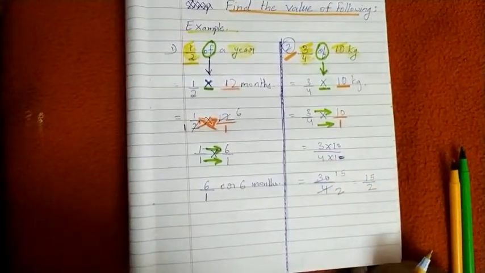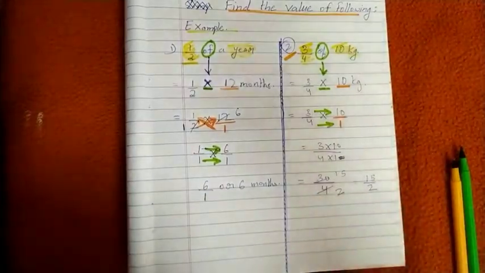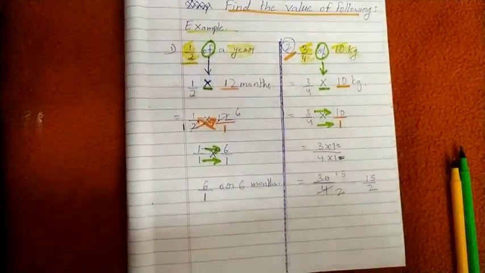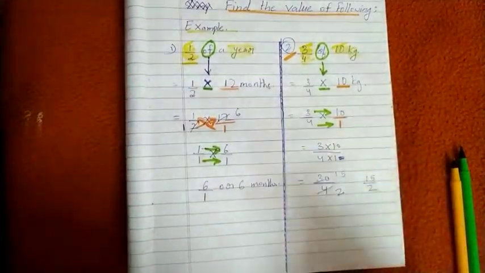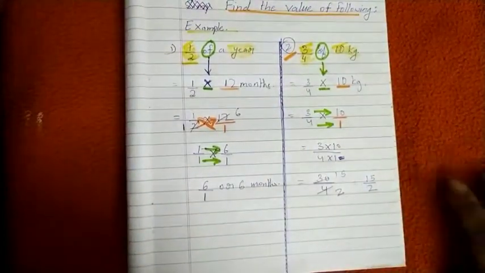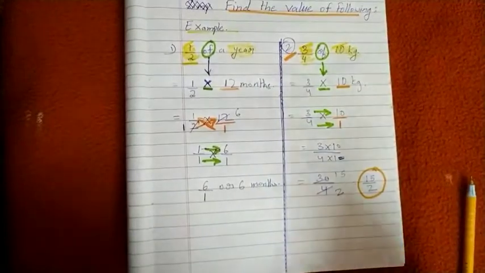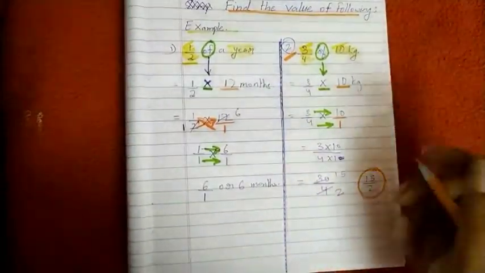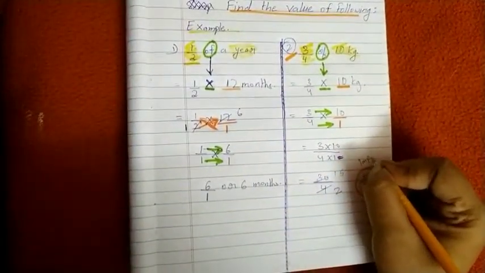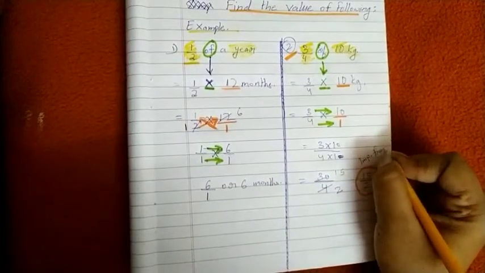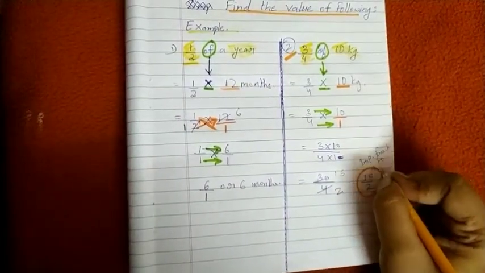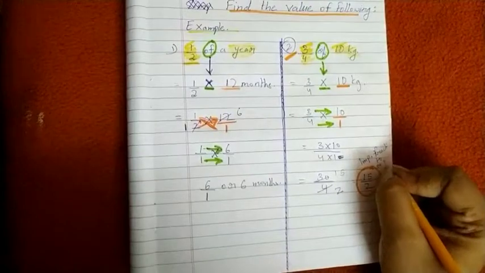Is this a proper fraction or an improper fraction? This is an improper fraction. So children, change it into a mixed fraction. If your answer is coming as an improper fraction, you have to change it into a mixed fraction.